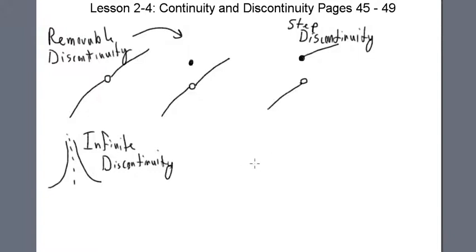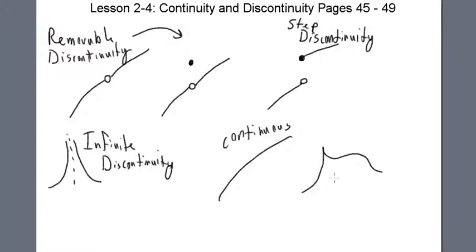So let's look at examples where we have continuity. An easy example is a line. There are no breaks, no gaps, no open circles, nothing. This would be straight up continuous. Now, a special situation is something like this.